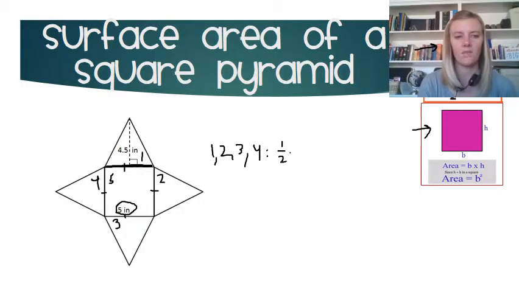So we know that even though this measurement down here is 5, the measurement of the bottom of our triangle is also going to be 5. So my base is 5, and my height, you can see, is going to be 4.5.